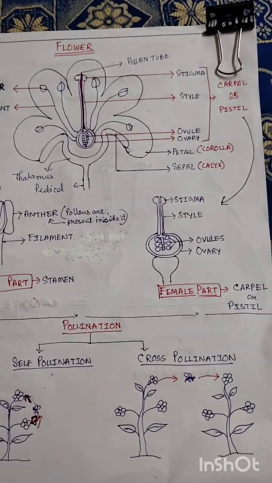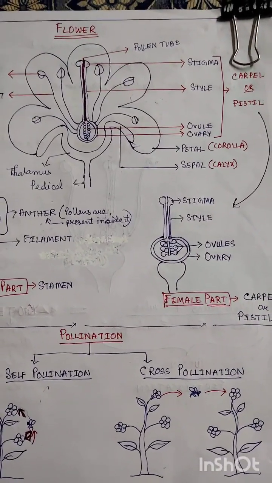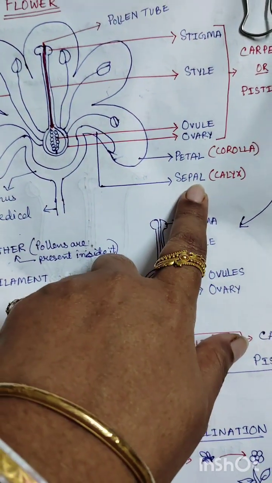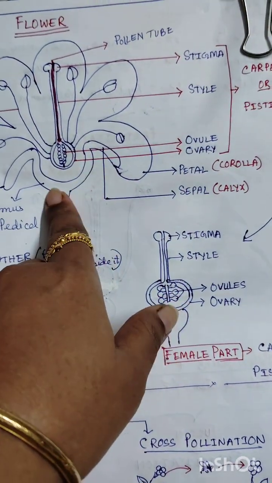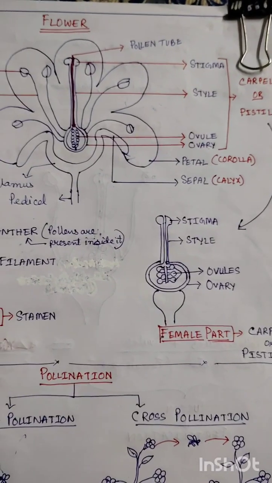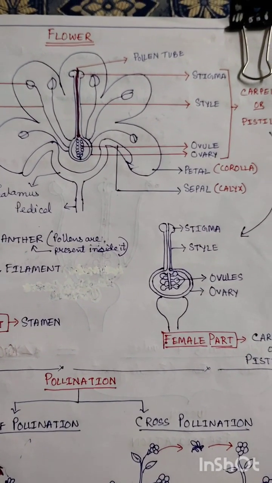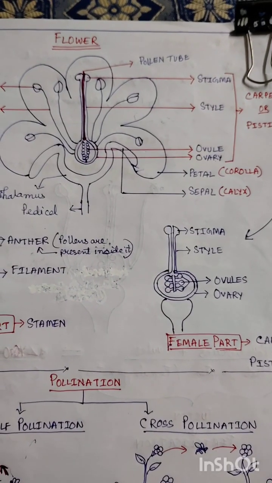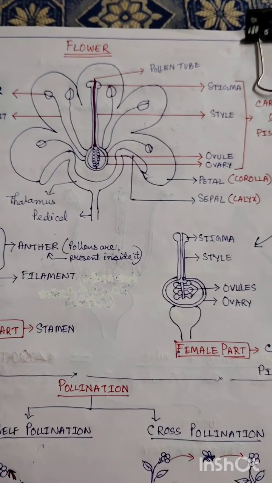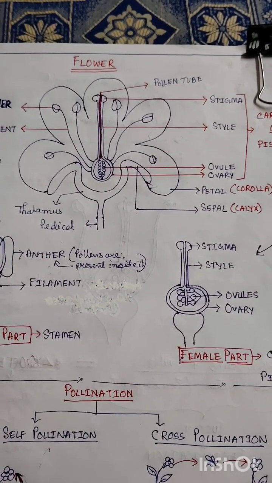Calyx. Okay, now calyx portion. Which is the calyx portion? See, the sepal. Sepal is known as calyx. The outermost whorl of the flower is the calyx. The calyx consists of green leaf-like structures called sepals. The sepals protect the flower in its bud stage.